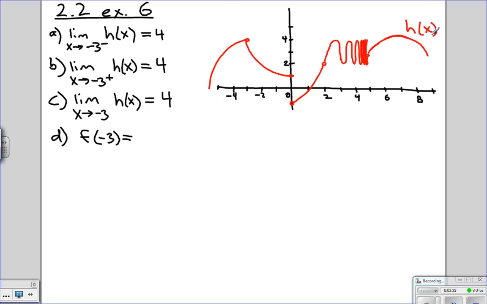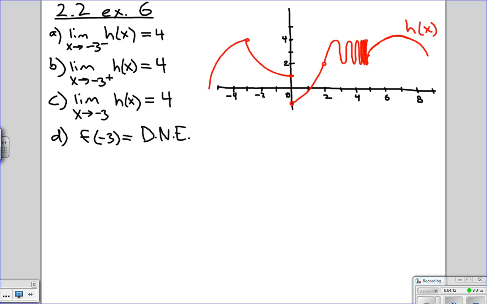Well, if you look at x equals -3 and you go up and see what's the value of the function at -3, there's no value because there's a hole there. That's the whole purpose of drawing that little hole. It means that there's no value of the function there. So even though the function is defined everywhere else, at that particular point it's not defined. Even though the limits all equal 4, the value of the function itself does not exist.